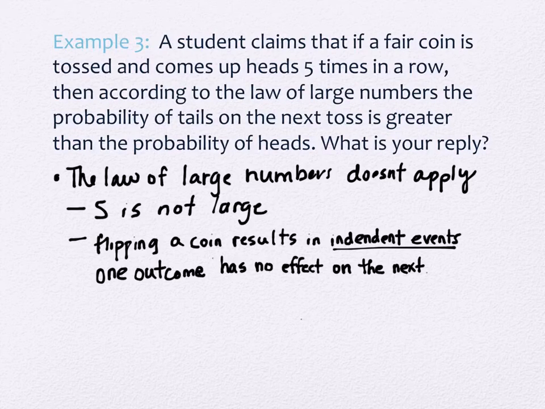So there's 2 kind of issues at play here. If all we said was that 5 is not large, it really doesn't get to the real problem in this. You guys see that? I mean, it is a true statement. We wouldn't apply it for that reason as well, but it really doesn't hit home what's really going on here.